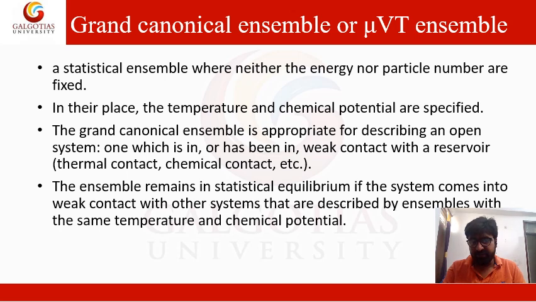Suppose there is graphene, which consists of carbon atoms. To take out one carbon atom from the graphene sheet, whatever energy is required will be the chemical potential for that system.